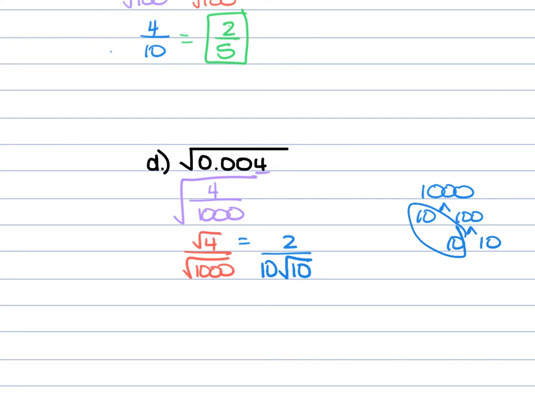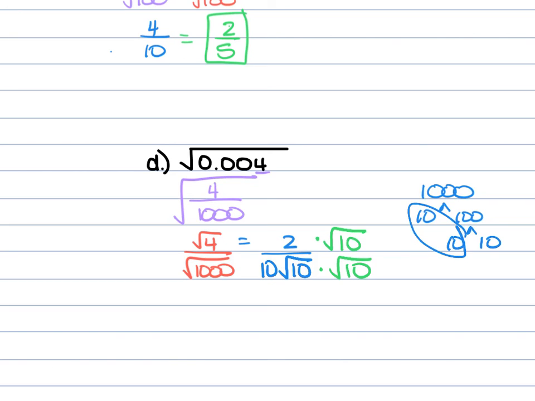Now, with this, you cannot leave the square root of 10 in the denominator. So you have to multiply the top and the bottom by that square root of 10 in order to get rid of it. The rule with this is whatever the index is, which when all of these were dealing with the invisible index of 2, that's how many times we multiply that radical by itself. And whatever you do to the bottom, you have to do to the top.